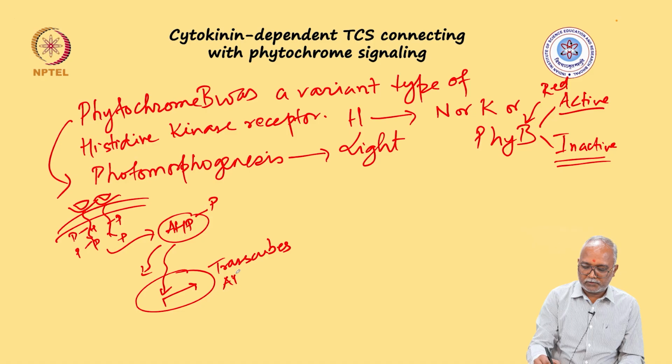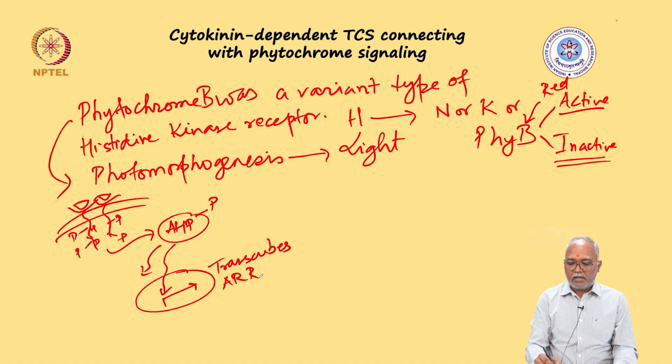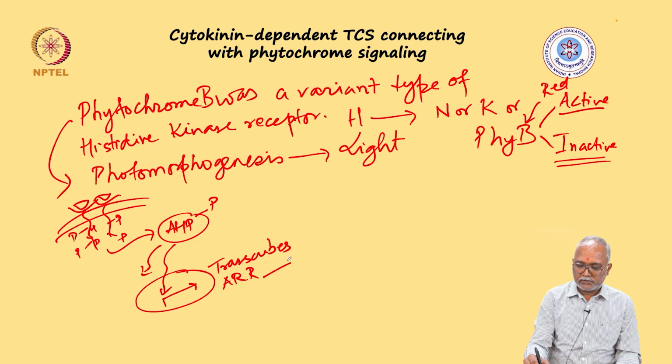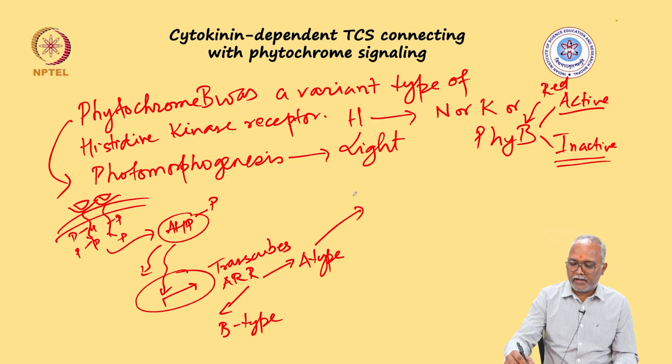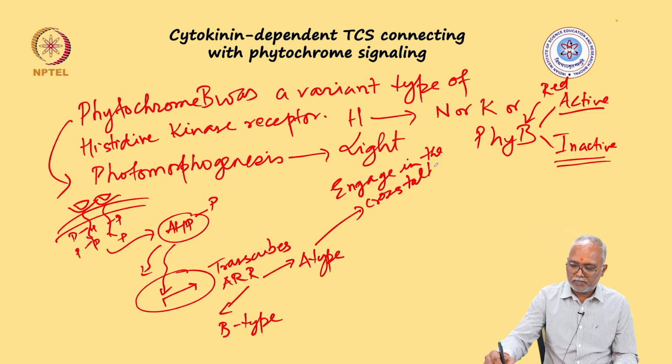the response regulators. And we know that these response regulators are of two types, B type and A type. So these A type response regulators actually engage in the crosstalk with the phytochrome signaling.